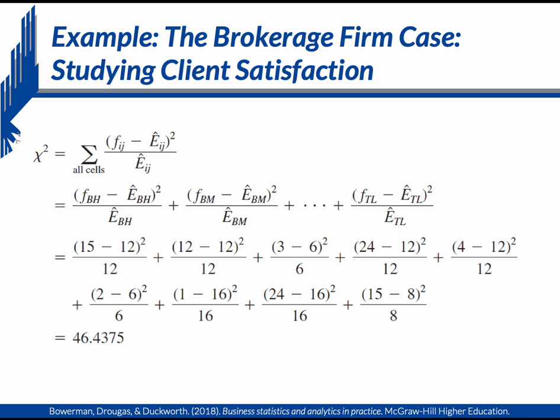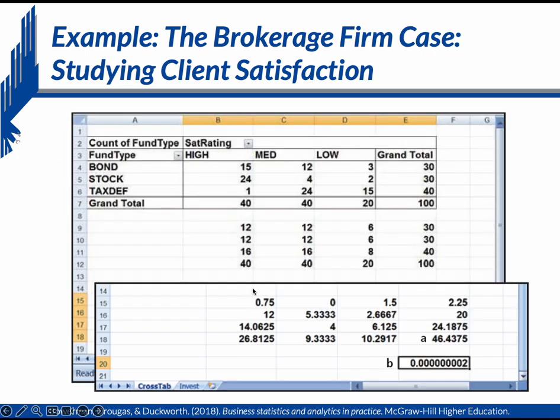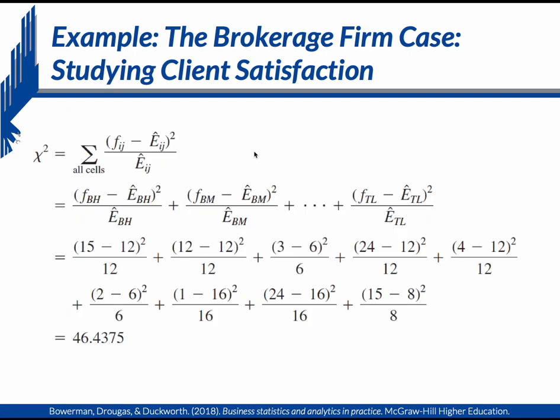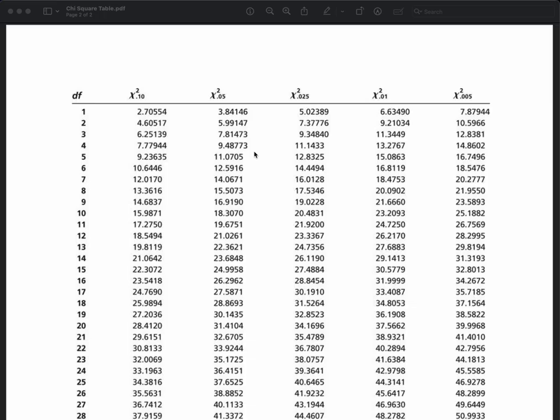Now, this test statistic will be compared to a critical value, which is obtained from the chi-square table with degrees of freedom of r minus 1 times c minus 1. In this example, we have 3 categories for both variables, so degrees of freedom should be 3 minus 1 times 3 minus 1, which is equal to 4. If we look for a critical value for an alpha of 5%, the appropriate critical value would be 9.48773.